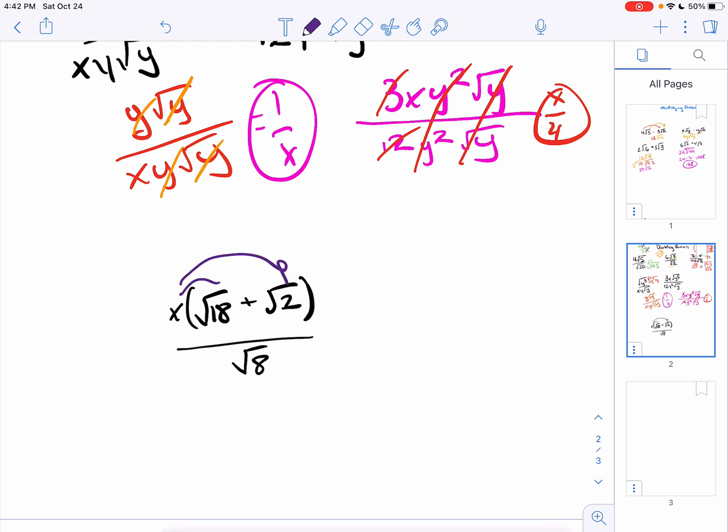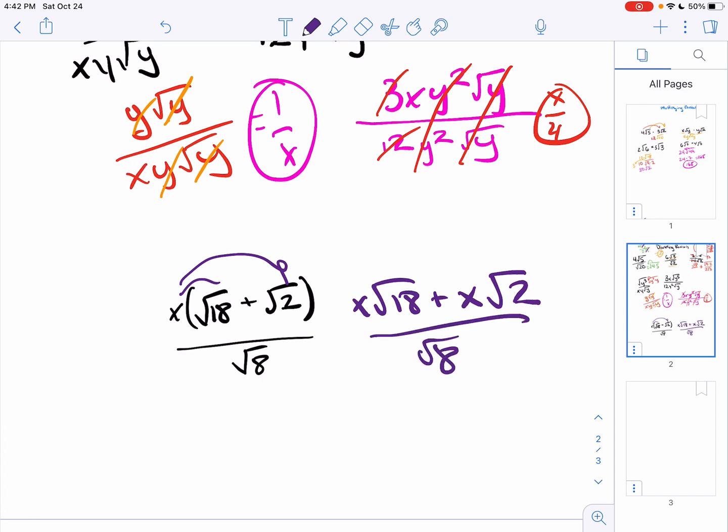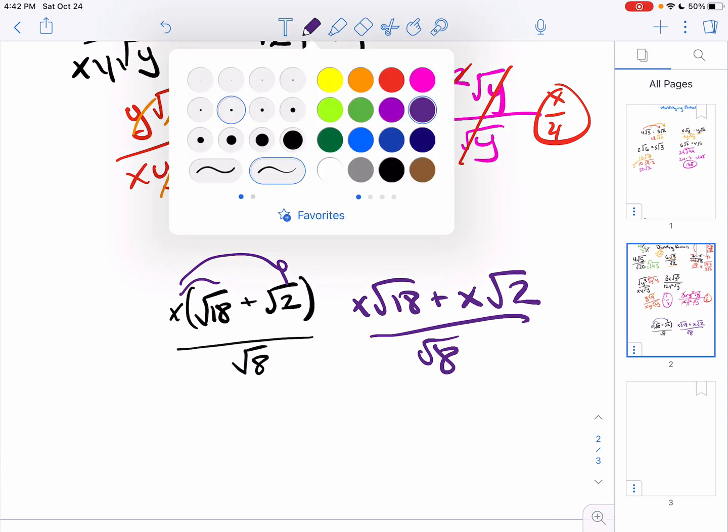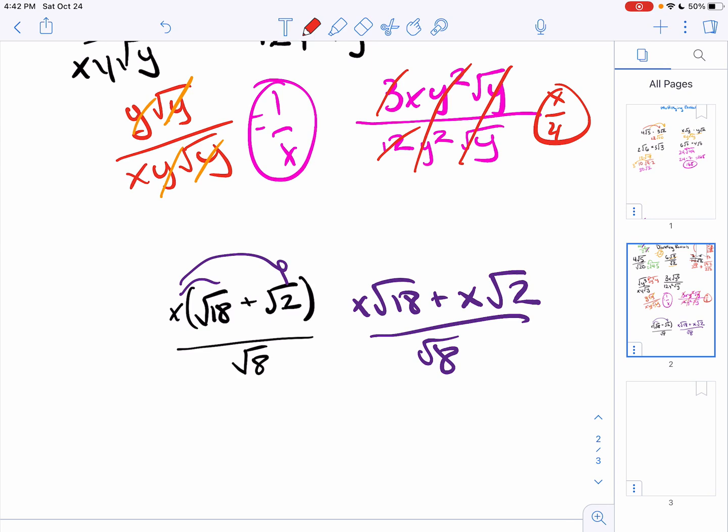So when we do that, we're going to get x radical 18 plus x radical 2 over radical 8. We still cannot do anything yet in terms of dividing because we have to add on the top before we divide. But the problem is I can't add radical 18 and radical 2.